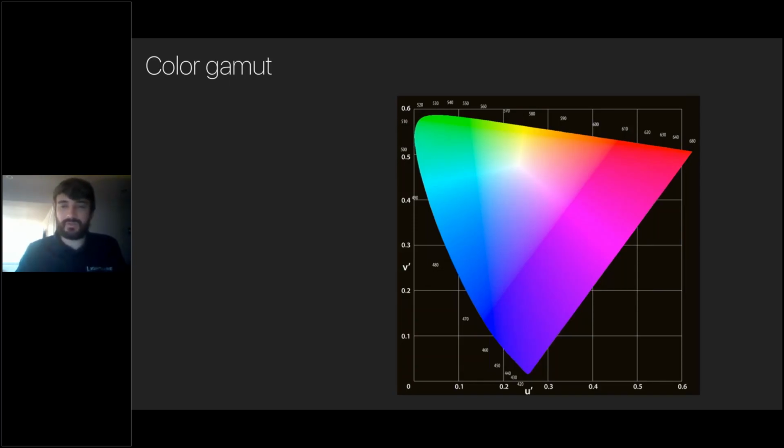But how much should a display be reproducing? Well, there was a scientist called Michael R. Pointer, and he wanted to find out what the colors were in the real world. So he made measurements on over 4,000 natural and man-made objects. He measured the wavelength of light that they reflected, and he found that the colors we see out in the real world are all within this area.